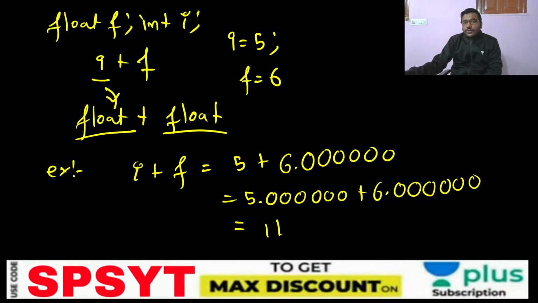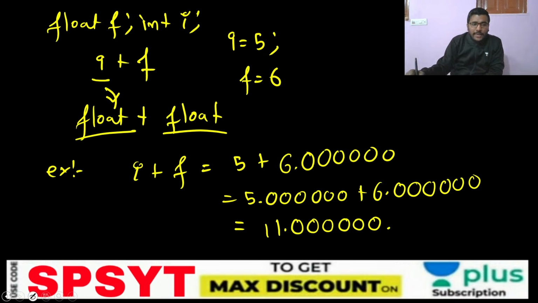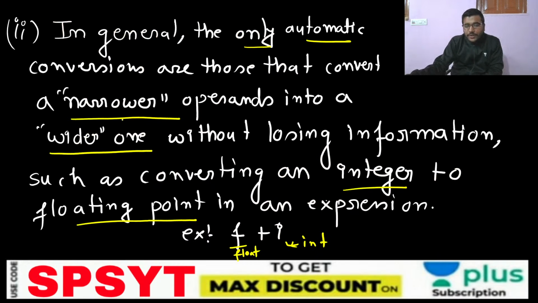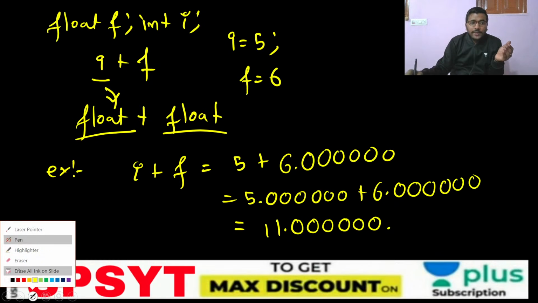It converts the narrower int into the wider one without losing any information. This is automatic conversion.